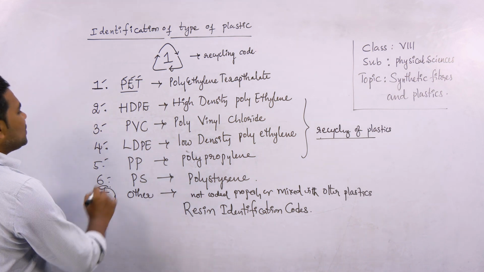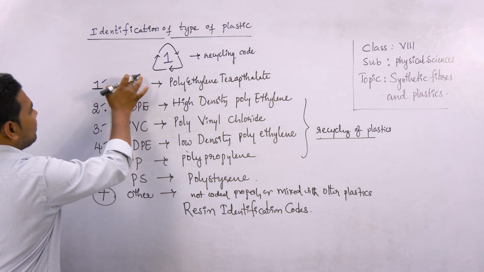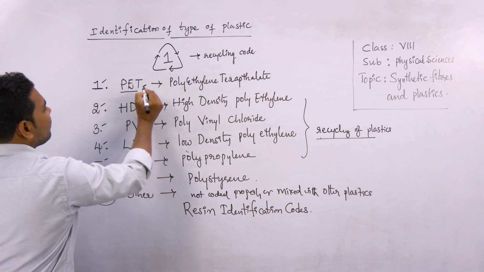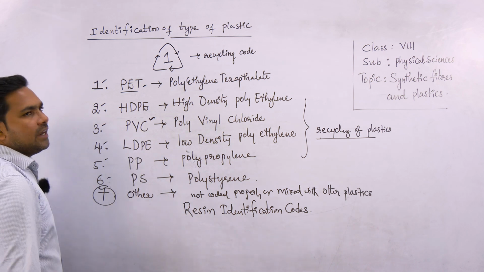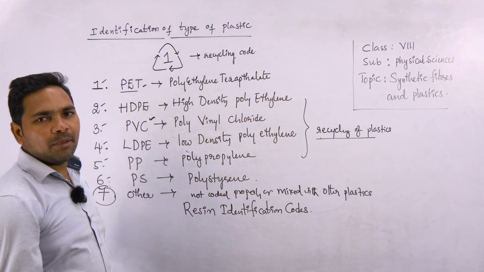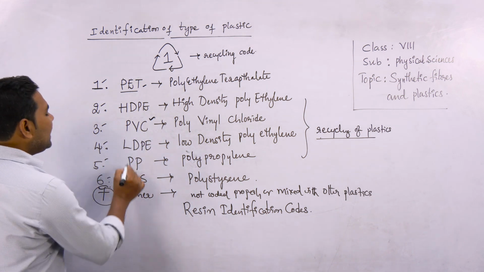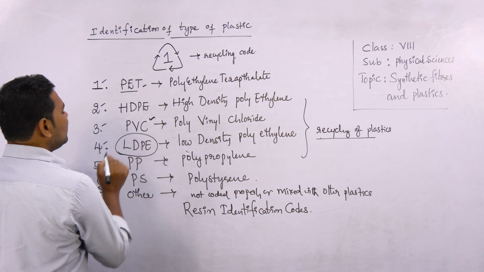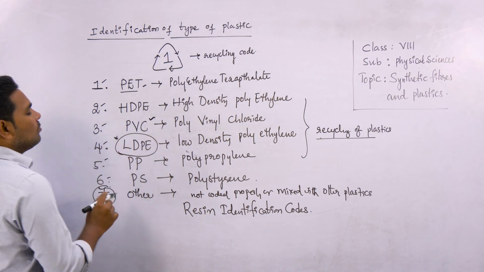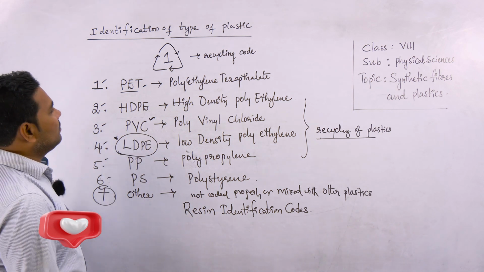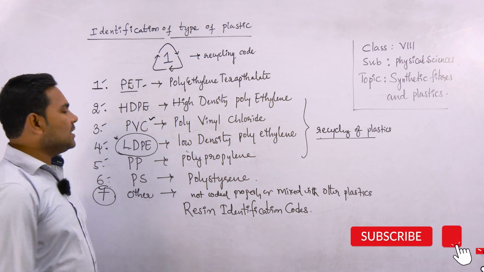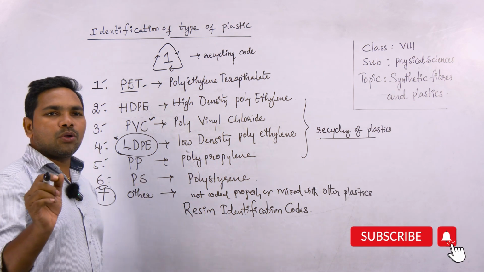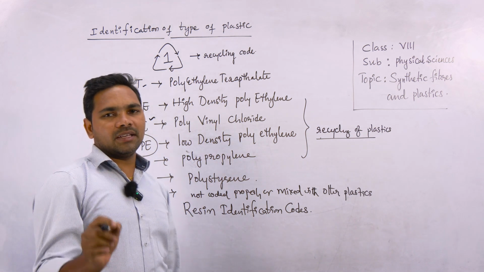Now generally we might have heard of the very famous plastics like PET. We used to say PET bottles. PVC, polyvinyl chloride, is used to make pipes, water pipes and all. LDPE is one of the more focused types of plastic. It stands for low density polyethylene. It is used to make very ultra thin carry bags.